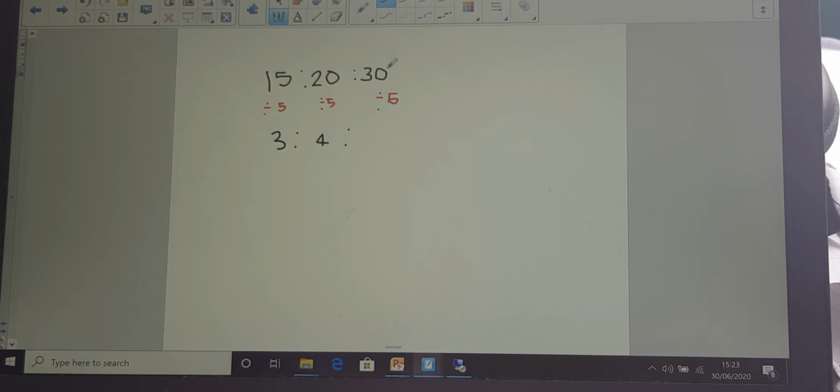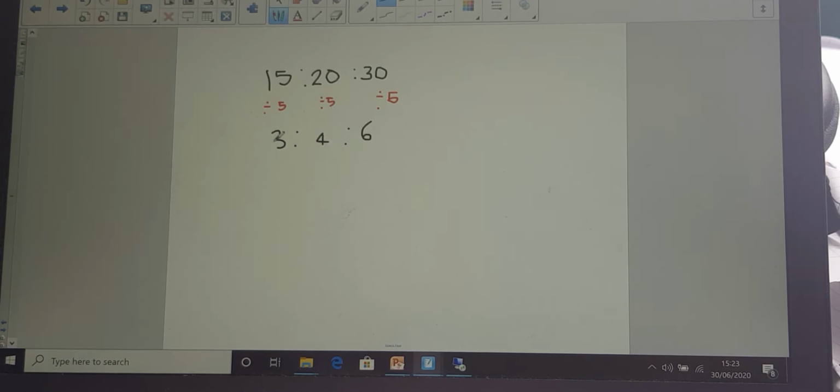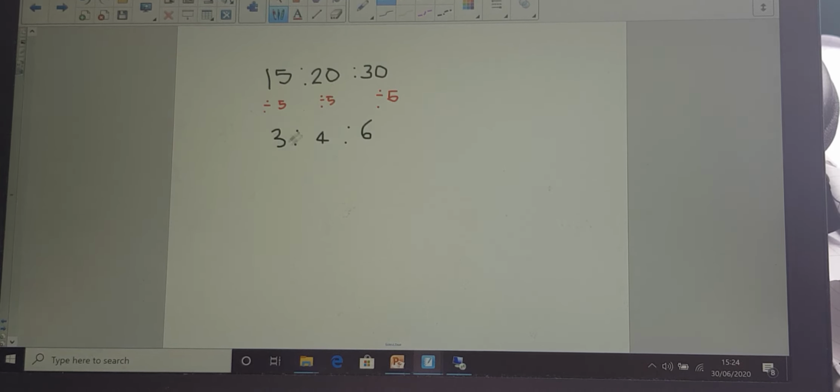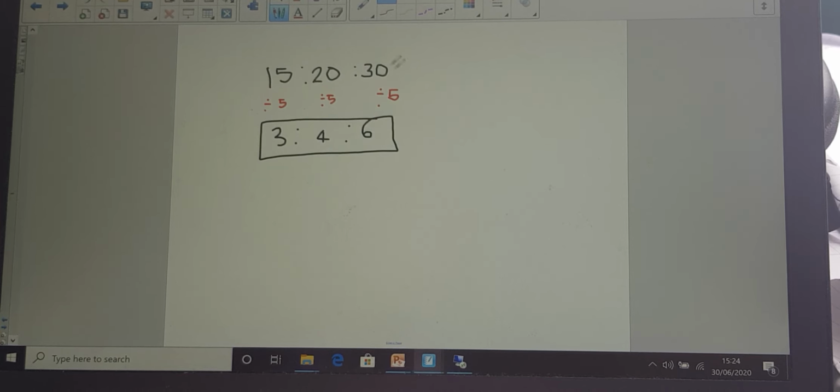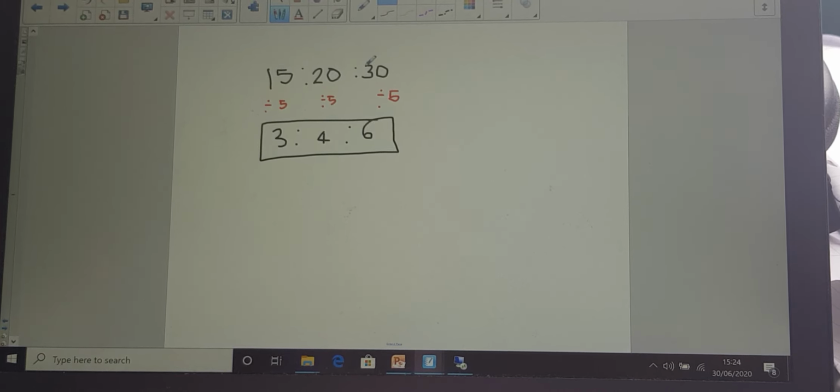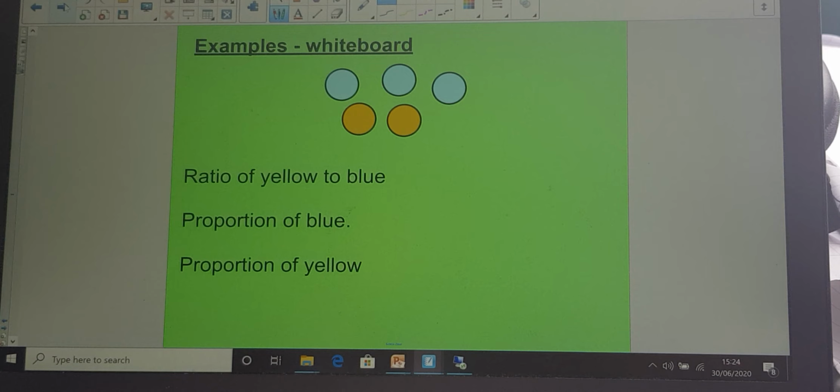That's going to give me 3 to 4 to 6. Any common factors? There's a common factor of 2 between these 2 things, but because 2 doesn't go into 3, this is now in its simplest form. And this ratio is equivalent to this one. So there are lots of similarities with fractions.